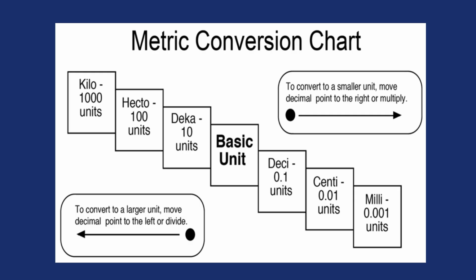So when you go to the right, you multiply times 1,000. If I'm going to the left, I am dividing by 1,000. It would be a good idea to write this on your scratch paper so you don't get confused when you encounter one of those problems.